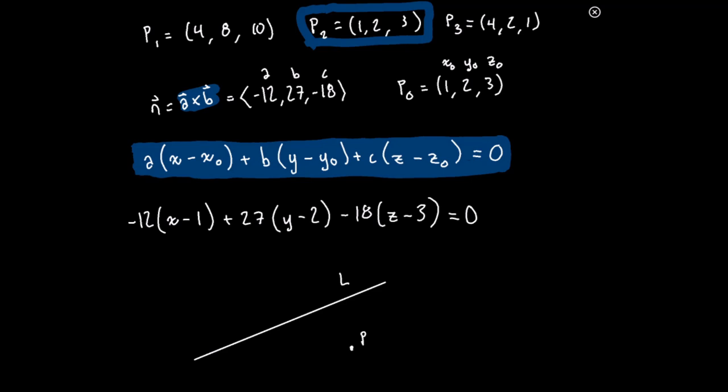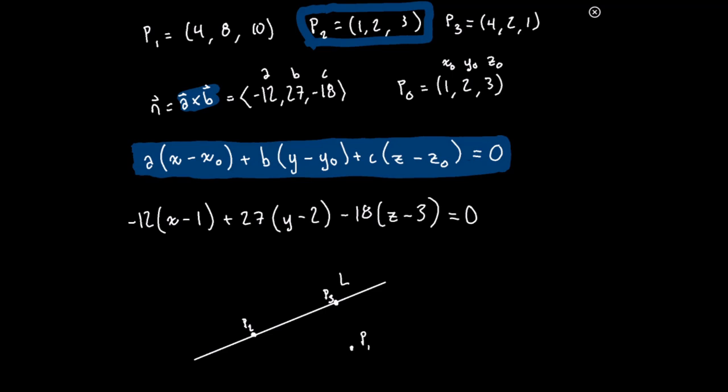Well, you could just pick 2 points along the line, and now you have 3 points, right? You have P1, P2, and P3, and now you can solve for that. How would you pick 2 points along the line? Easy. You just plug in some arbitrary value into the equation for the line and get out some coordinates for some point on the line.